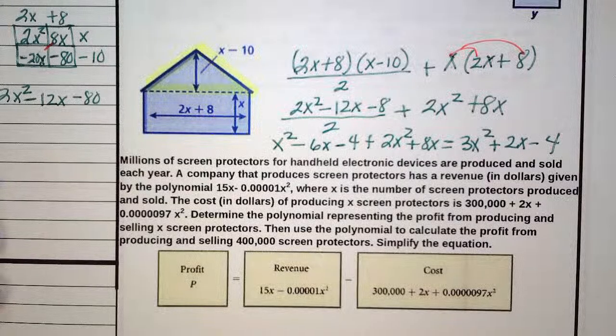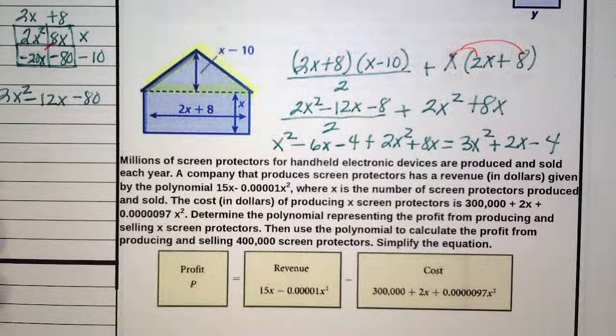Millions of screen protectors for handheld electronic devices are produced and sold each year. A company that produces screen protectors has a revenue in dollars given by the polynomial 15x minus 0.00001x squared, where x is the number of screen protectors produced and sold. The cost in dollars of producing x screen protectors is 300,000 plus 2x plus 0.000097x squared.